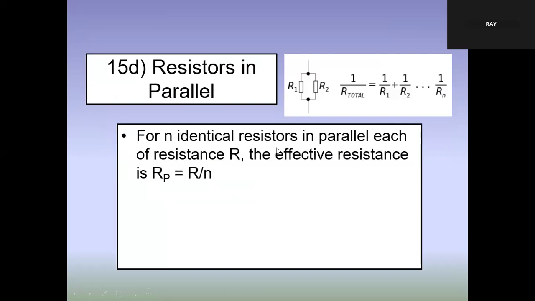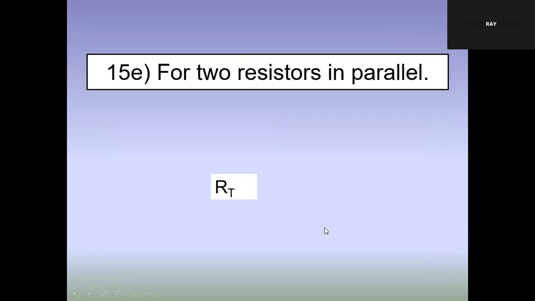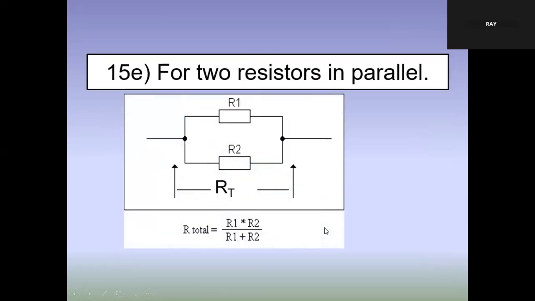For N identical resistors in parallel, each of resistance R, the effective resistance is just R divided by N. As I say, there are other terms used: combined resistance, equivalent resistance, effective resistance, total resistance.